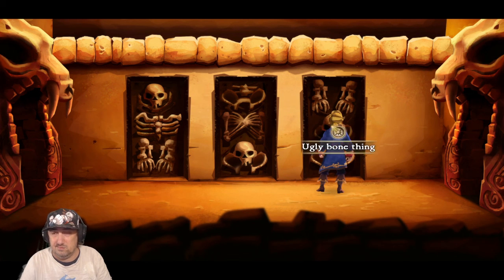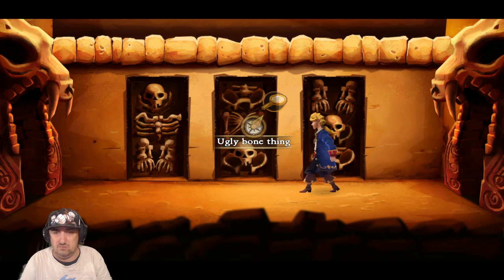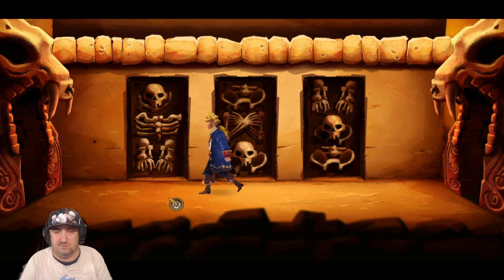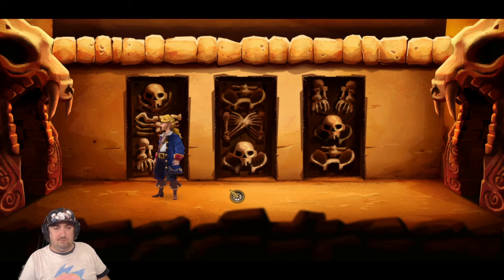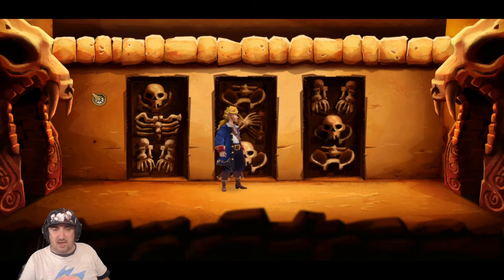It's some kind of strange skeleton statue. You head to ribs, but then you got arms there.